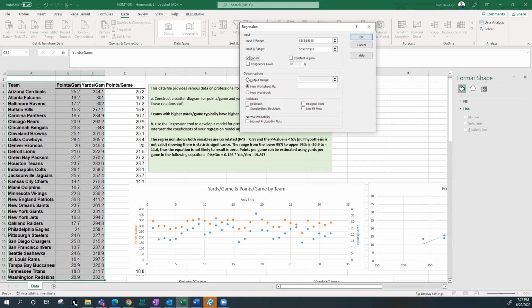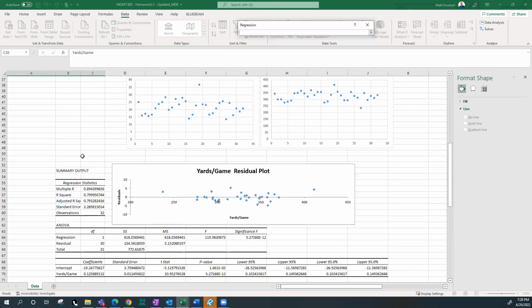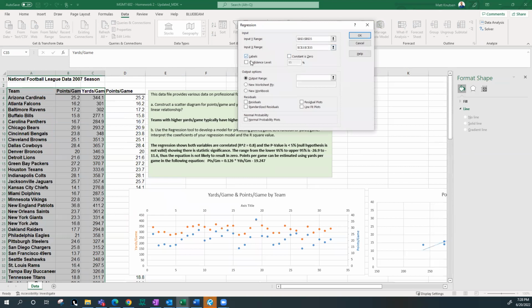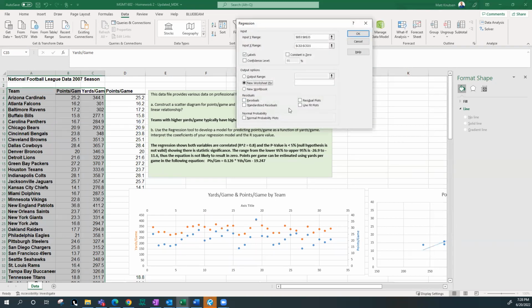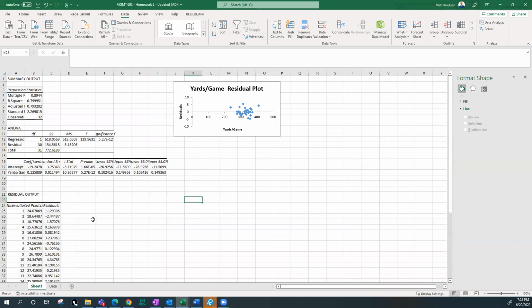Then pick where you want your output. I'm going to do it as another worksheet, and then turn on your residuals, residual plot, and away we go. You should get all this.